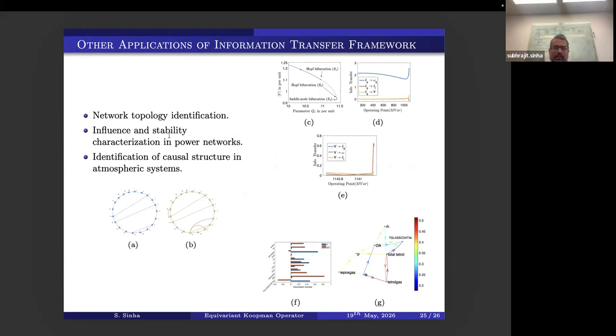So let's talk about the power system first, because this is more related to the stability thing that I talked about. What we did is we tried to characterize the causal structure and also characterize the stability in a power system. So what do we mean by characterizing stability? In power systems, they have different notions of instability.